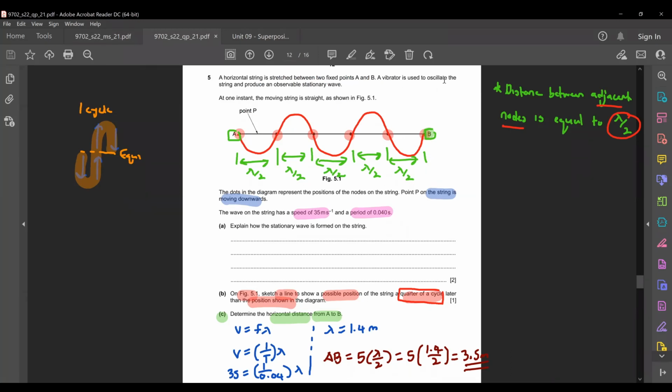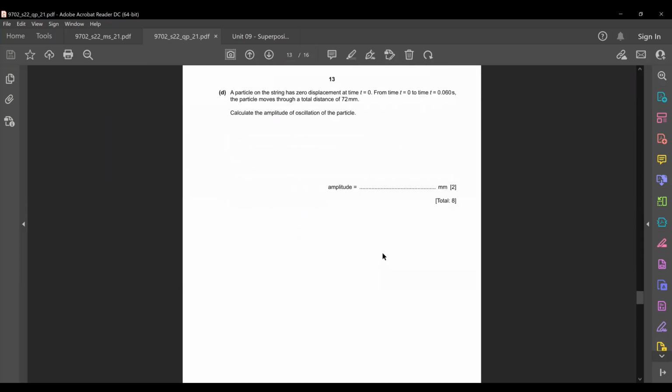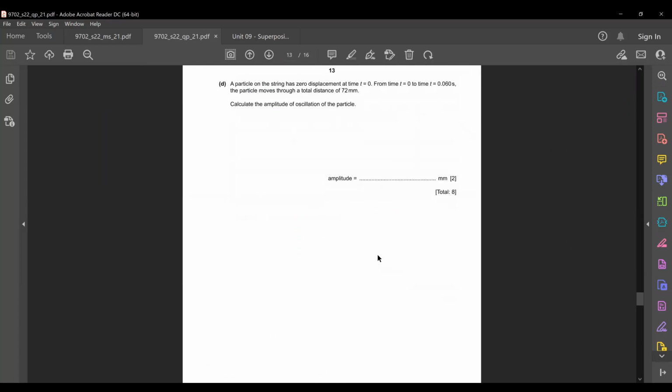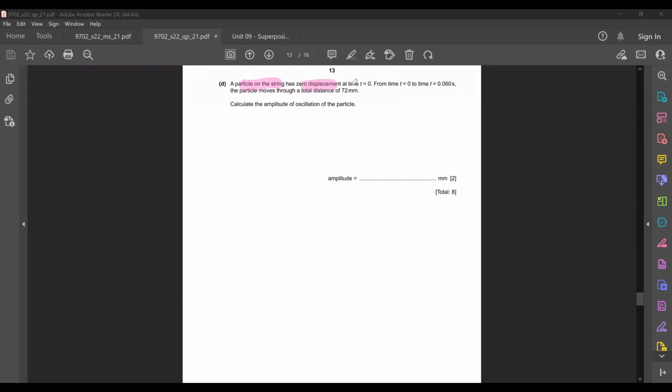Then if you move on to the next question, which is in part D. Now for part D, they mentioned that a particle on the string has zero displacement at time t equals 0. From time t equals 0 to 0.06 seconds, the particle moves through a total distance of 72 millimeter.